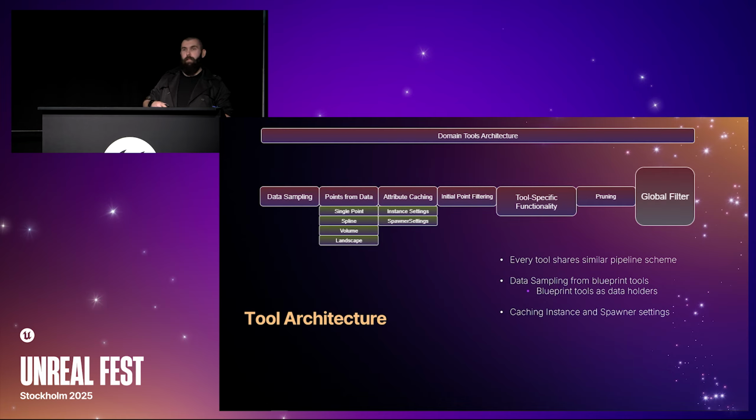Then the data that has been sampled is used for points. So you can get points from a volume, from a spline surface, from a landscape, or just a single point in the world.